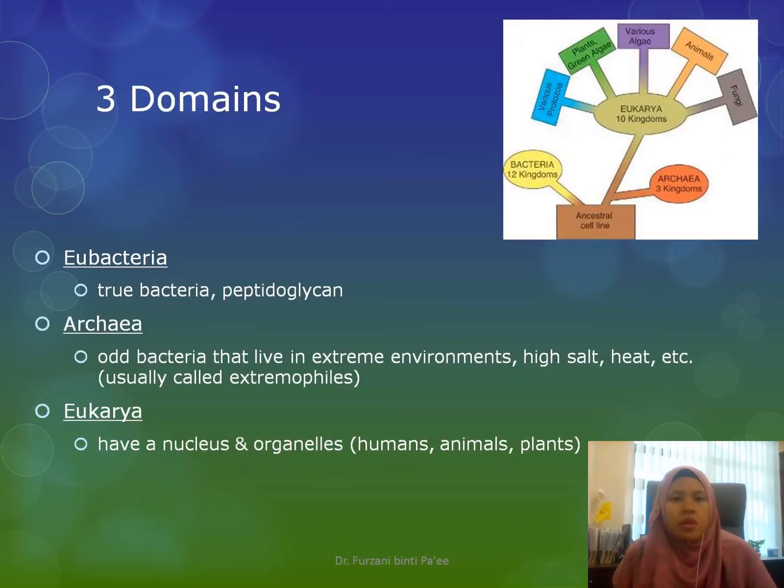Okay, so eubacteria, or the domain bacteria, and then domain archaea, and then domain eukarya. So remember again, domain bacteria and archaea are the prokaryotes. Domain eukarya are the eukaryotes. Archaea is a type of prokaryote.